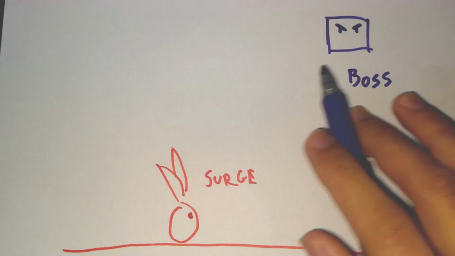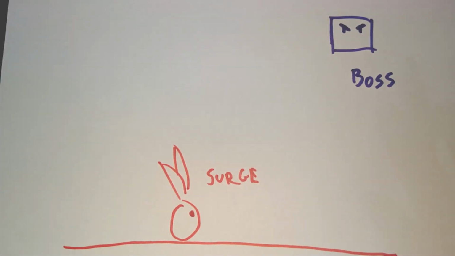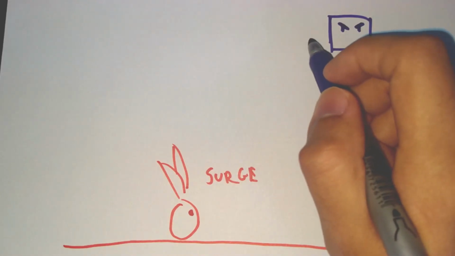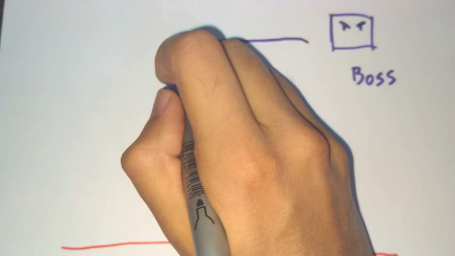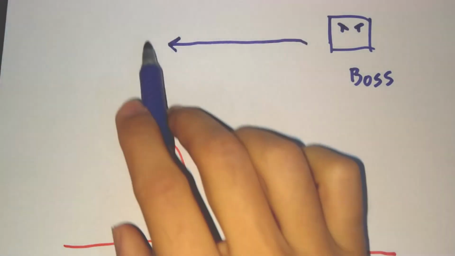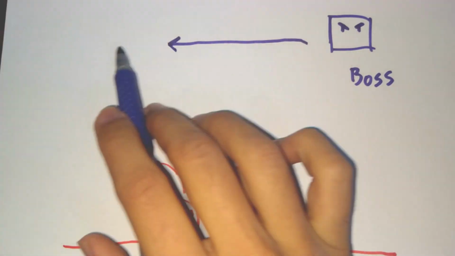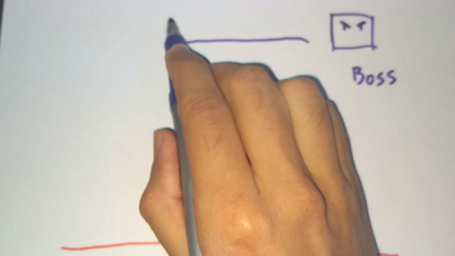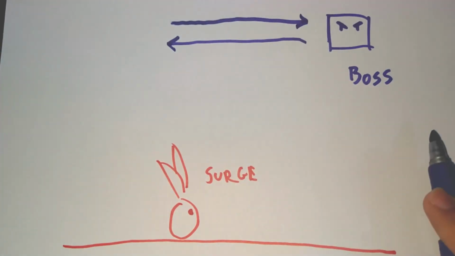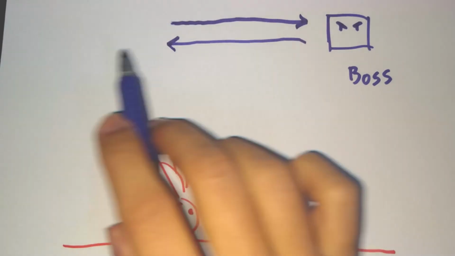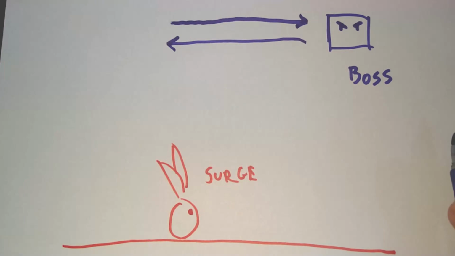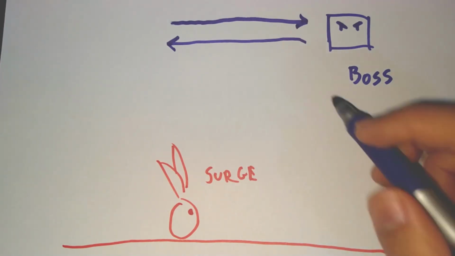Then he'll move to the left side of the screen, like this. Then he'll float some more and move back to where he was, like this. And he will repeat this endlessly, moving back and forth, back and forth.